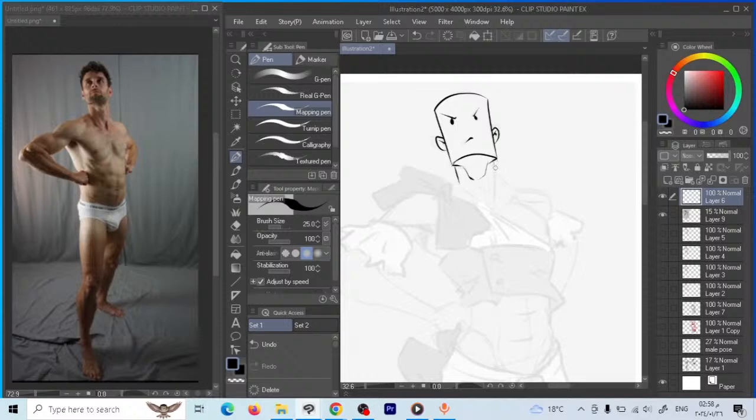When you're using a brush like this one, you need to actually know when to press hard and when to just draw the thin lines.